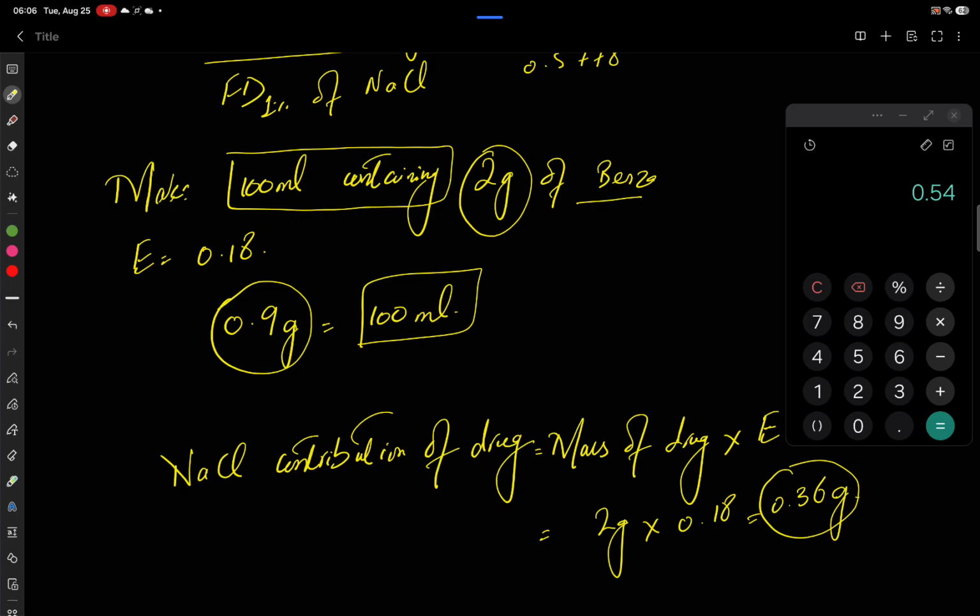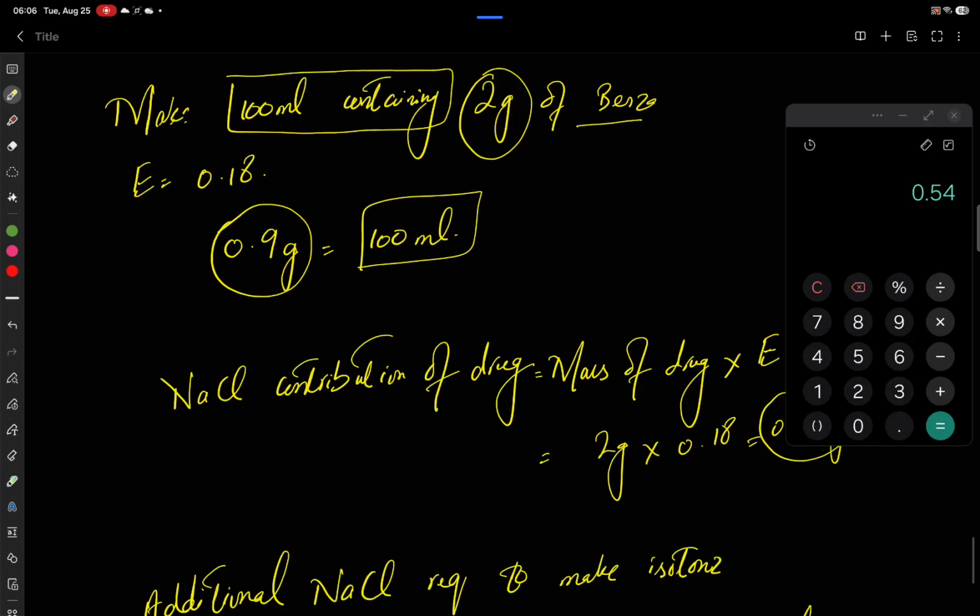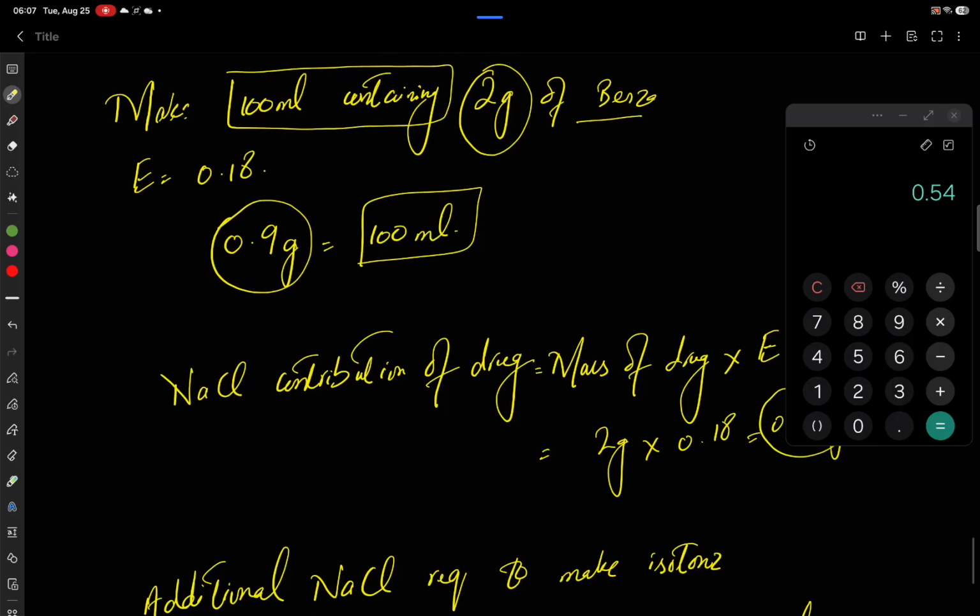Now we needed to confirm the amount of benzylpenicillin as well as of sodium chloride. So we know that in 100 ml, 0.9 grams of sodium chloride are required. We have to make the solution isotonic. We can't make a hypertonic or hypotonic solution. We have to make it isotonic. So isotonic means 0.9% of NaCl, and 0.9% means 0.9 grams in 100 ml.